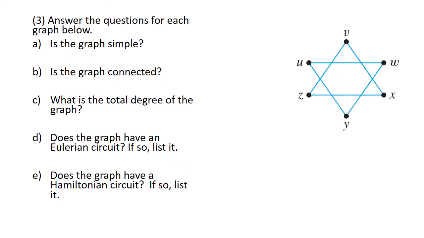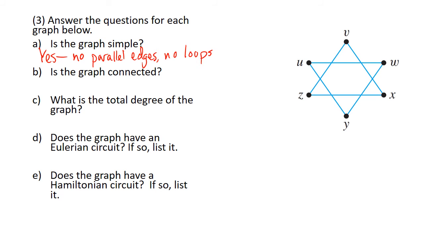All right, let's look at the third one here. Is the graph simple? So in this case, it is simple because there are no parallel edges and there are no loops. Now, is the graph connected? So in this case, you might be a little bit fooled if you just glance at it, but it is actually not connected.